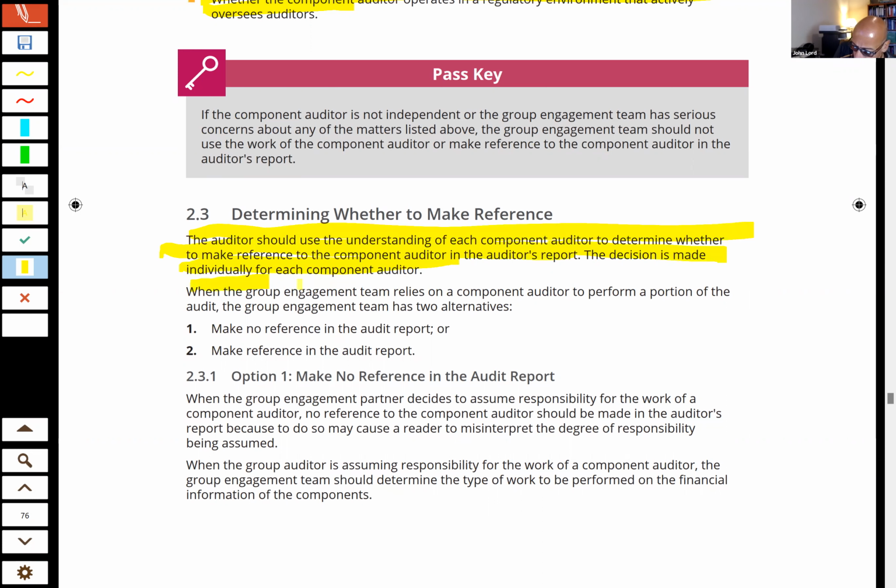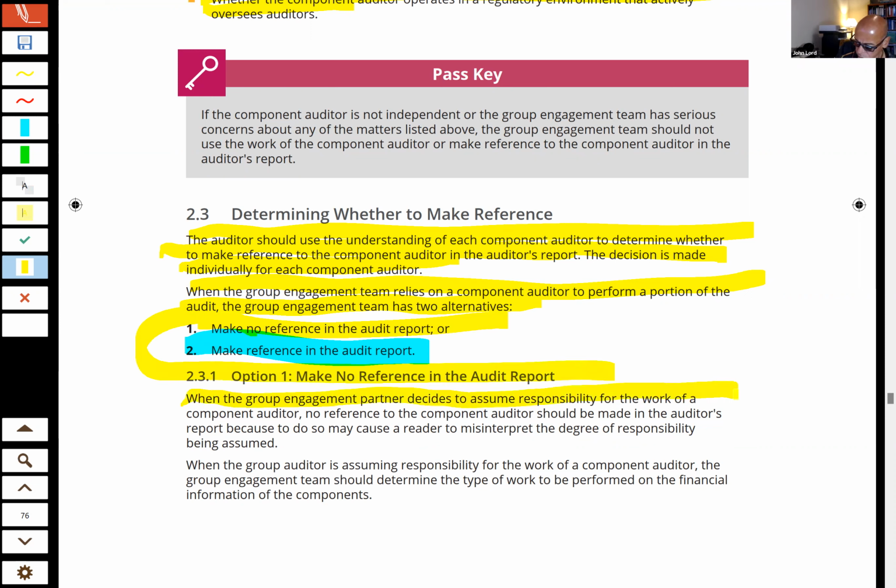Okay. Now, when the group engagement team relies on the component auditor to perform a portion of the audit, the group engagement team has two alternatives: make no reference, or make reference. Let's look at option one, make no reference. This is what the GAO does. When the group partner decides to assume responsibility for the work of the component auditor, no reference is going to be made, because it may misinterpret the degree of responsibility being assumed.